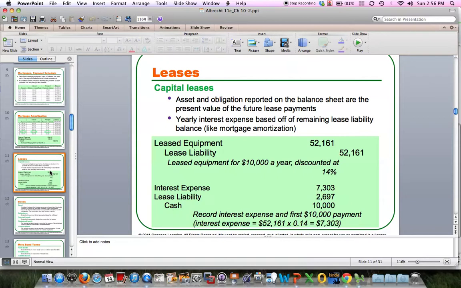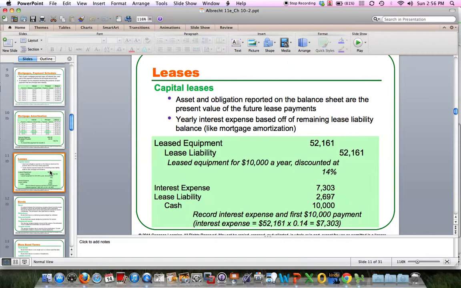Okay, and we're going to make lease payments of $10,000 a year using an interest rate of 14% to compute how much is paid each year. And so with each payment, we know then that a certain amount of the payment must go to interest expense, and a certain amount goes off to paying the principal, the lease liability. And you can see how they calculated that at the bottom of the journal entry to record interest expense in the first $10,000 payment.